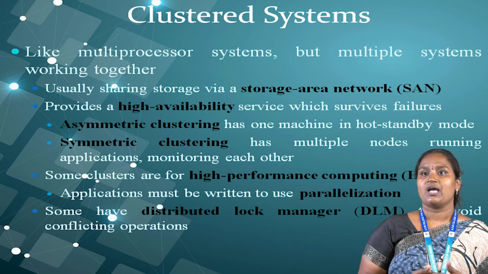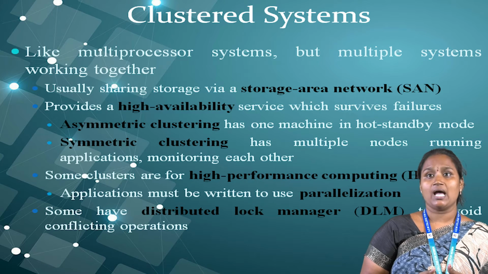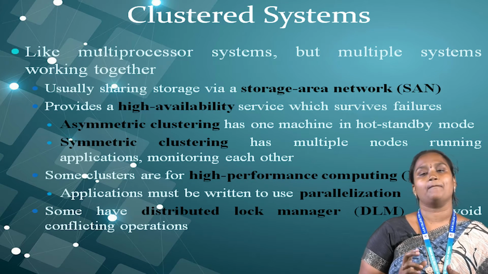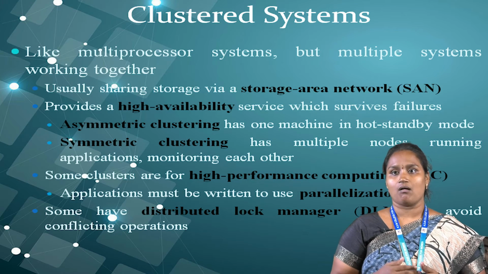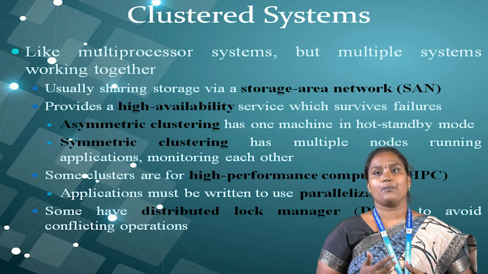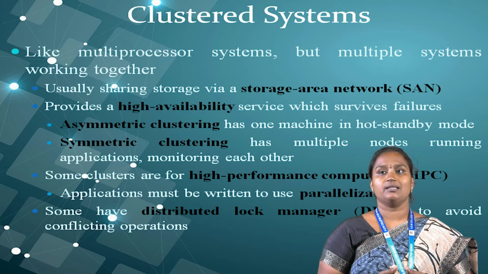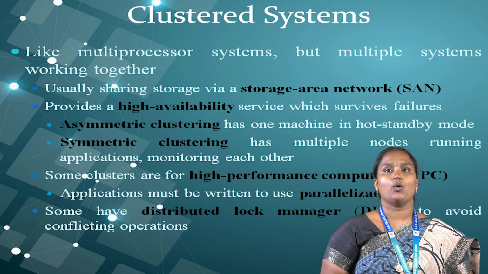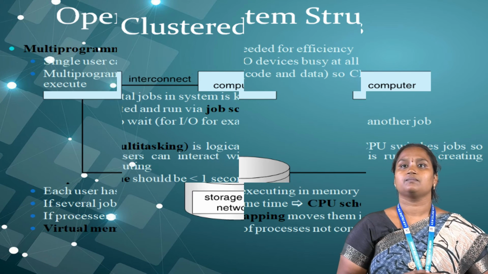Asymmetric clustering has one machine in hot-standby mode. Symmetric clustering has multiple nodes running applications and monitoring each other. Some clusters are for high-performance computing. Applications must be written to use the parallelism. Some have a distributed lock manager to avoid conflicting operations. A cluster system diagram is shown.